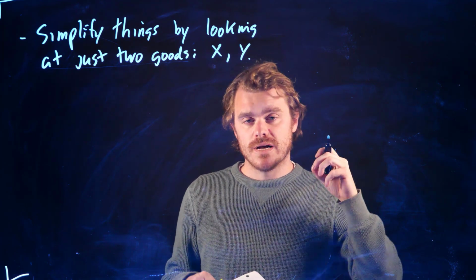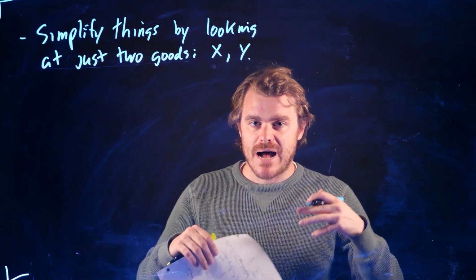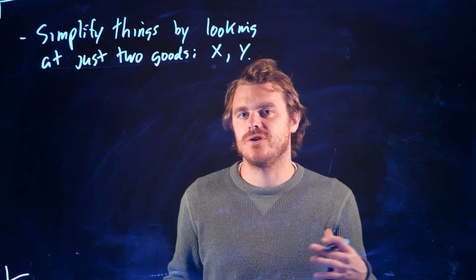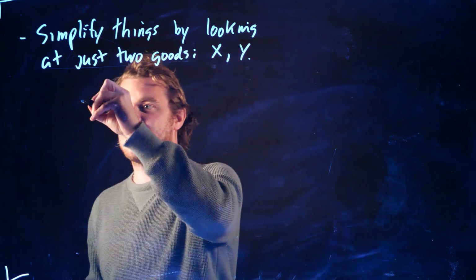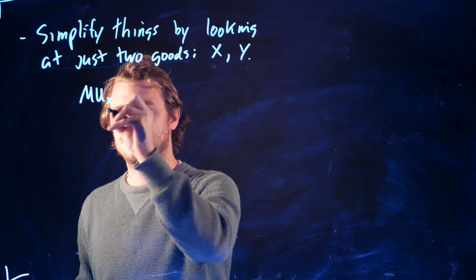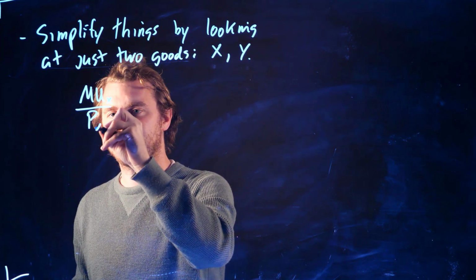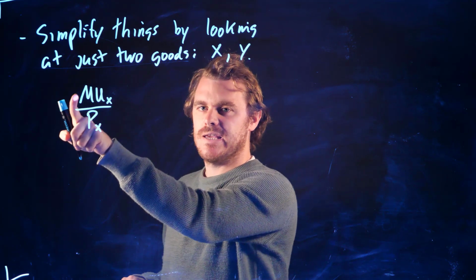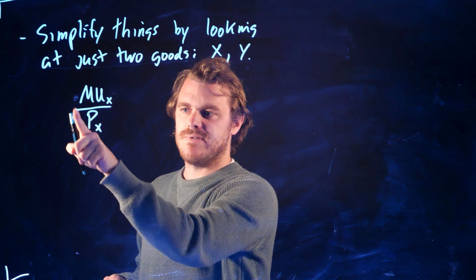All right, so consumers maximize their utility by comparing the bang for their buck between these two goods. So they're going to be comparing the marginal utility of good X divided by the price.